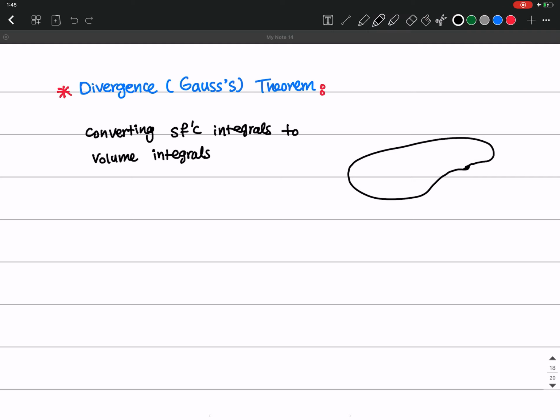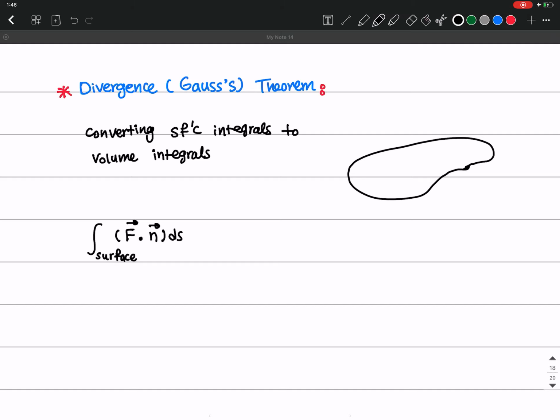What this theorem states, and I'm not going to prove it, I'm just going to use it, is that say you want to evaluate the integral over the surface of this control volume of a vector field f, where f can be velocity or any vector field, dot the inner product with the normal vector over this control surface.